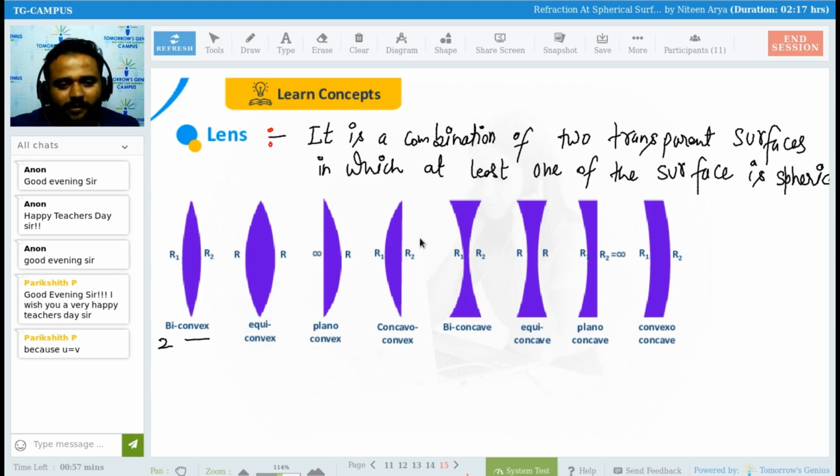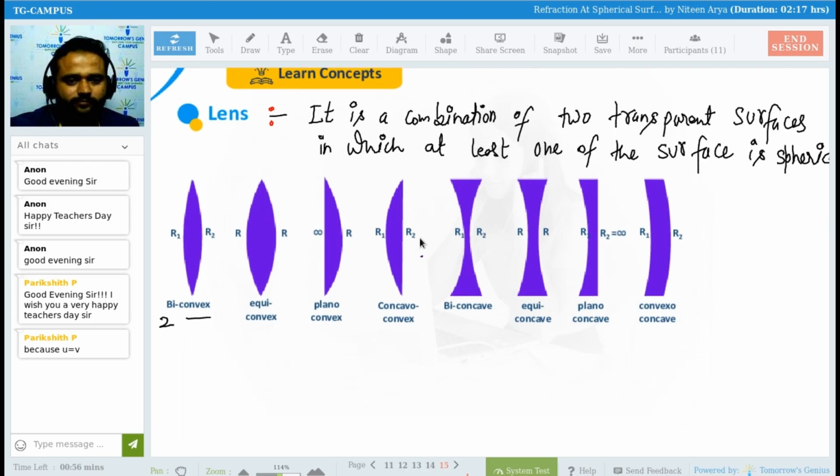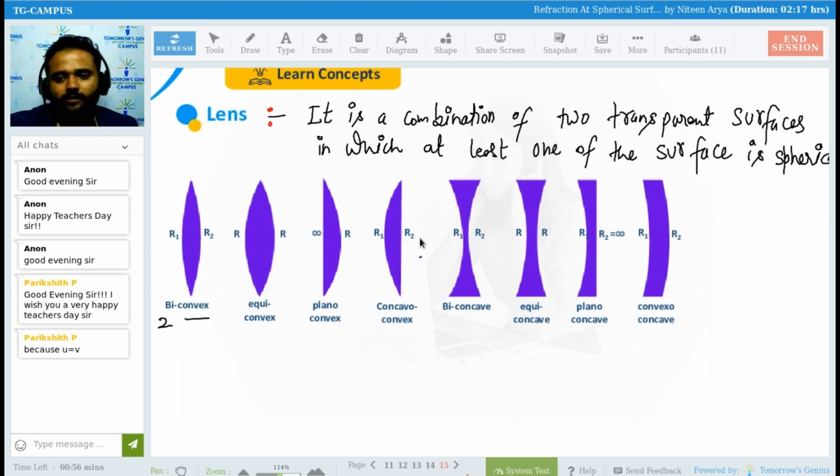This looks a little bit plane, but it is not in general plane. It is a little bit inside. Try to understand this: the second surface seems like a plane surface, but it is not.